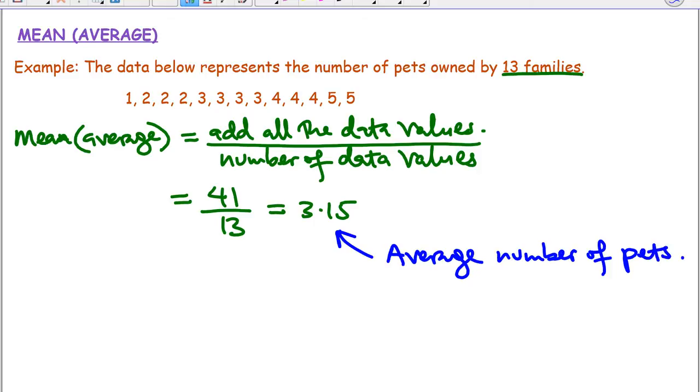Okay, so average number of pets per family. And this is what we call the mean. So they all mean the same thing. So that's a review of what you covered previously.